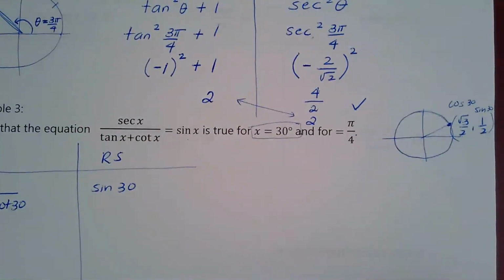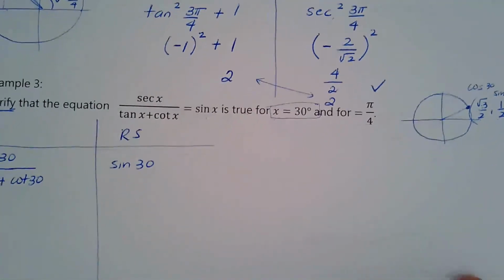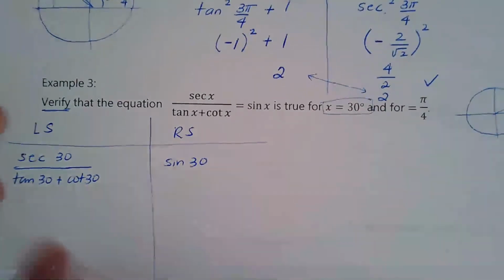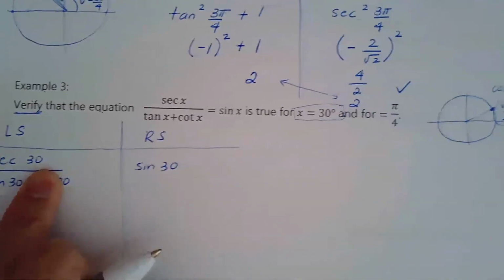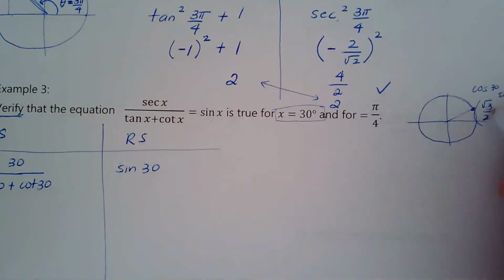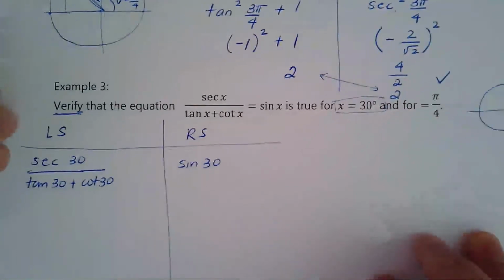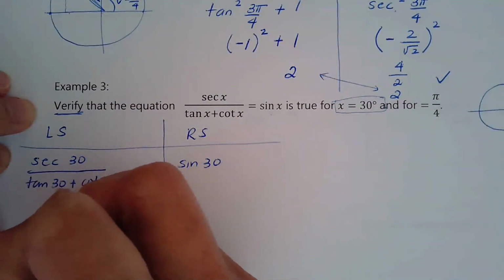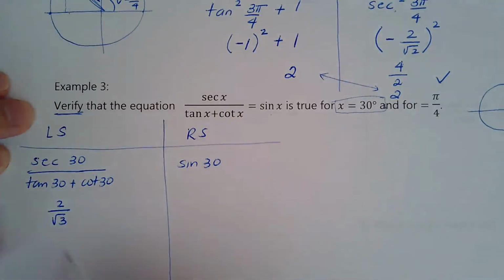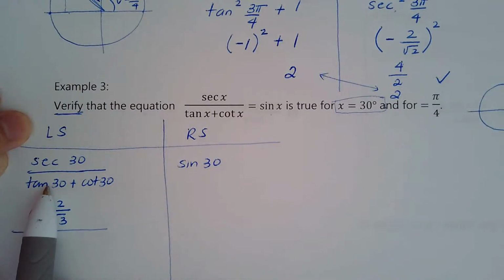Okay, so what can we do here? Back to this one. Secant of 30. Well, what is secant of 30? Secant of 30 is the reciprocal of cosine. So that's going to give me 2 over root of 3. Okay, now divided by, what's tan of 30?